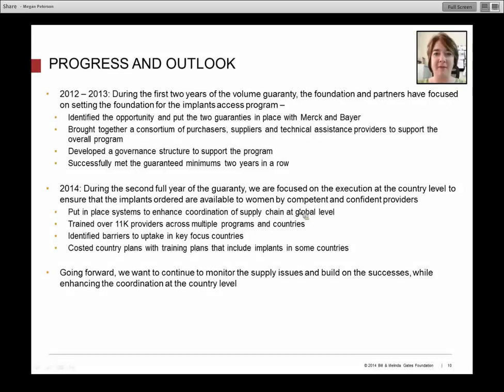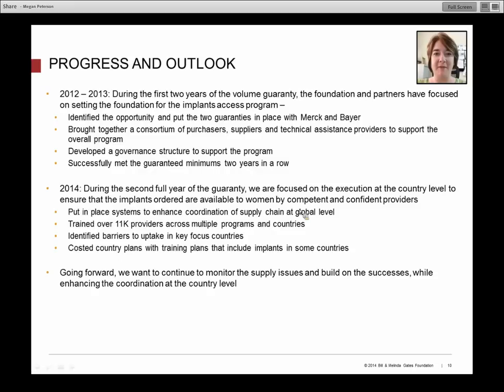So really working with them on how we can coordinate and have much more visibility into what's going on with training at local level, also with other partners like DFID and SIF, who are supporting some efforts at the country level.